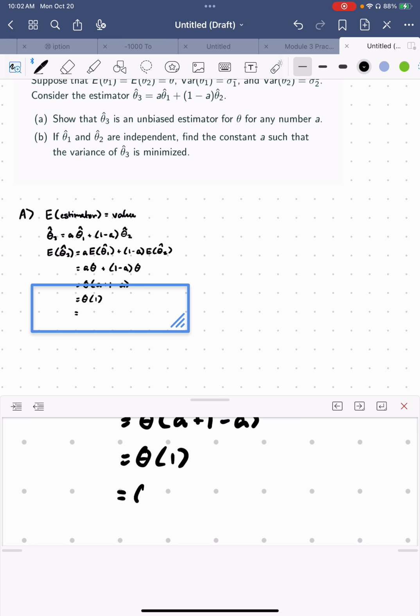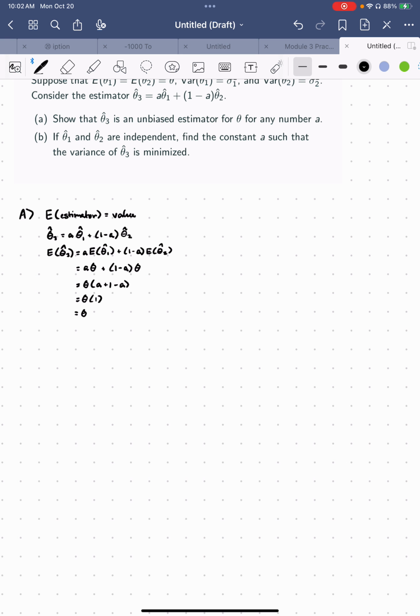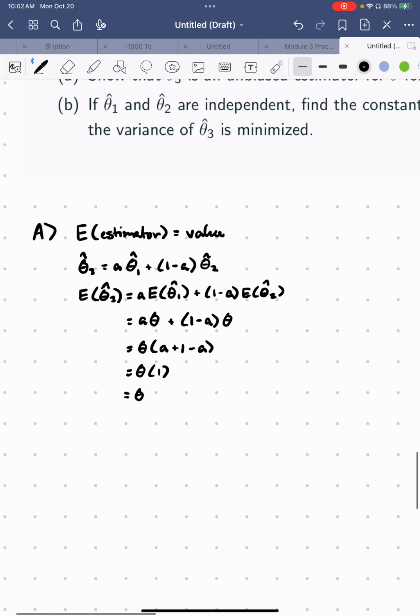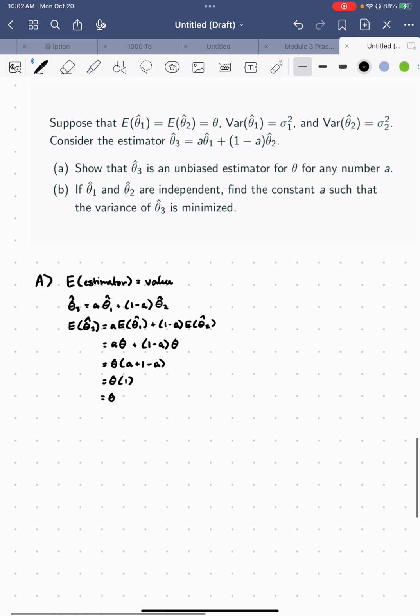And so essentially we have proven that the expected value of theta hat 3 is equal to theta. And so we've shown that theta hat 3 is an unbiased estimator for theta for any number A. And our A isn't even here, so we know that changing our A value won't affect our result.